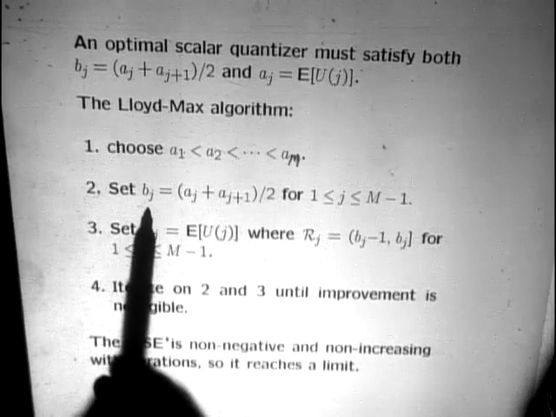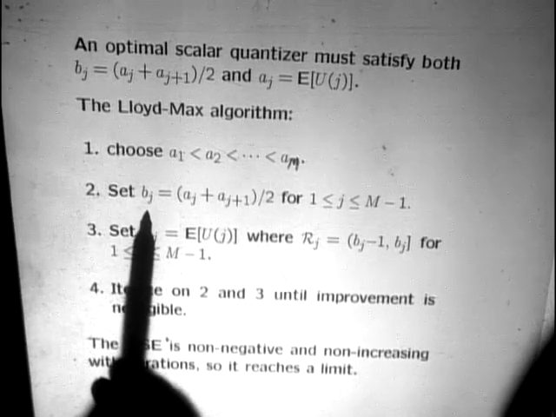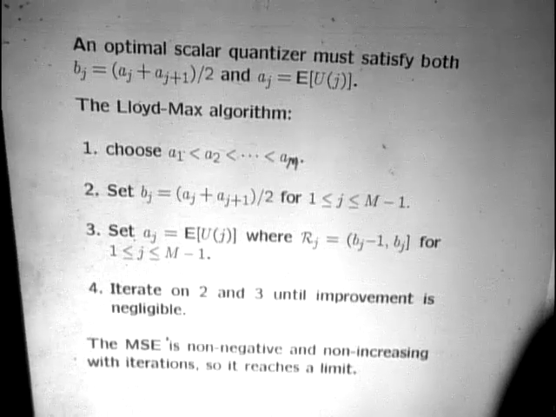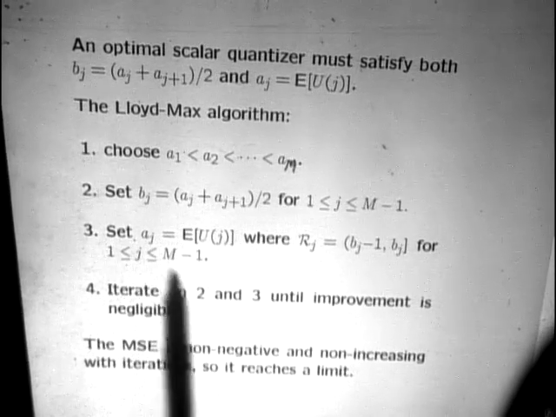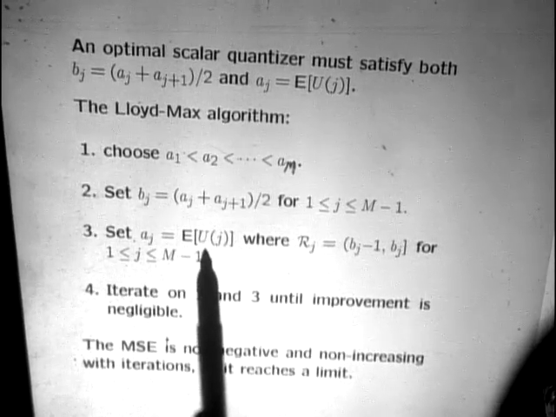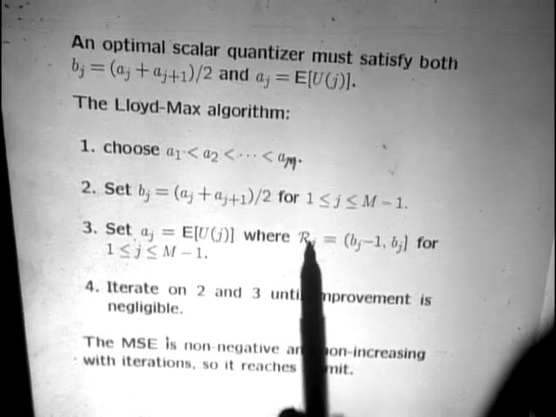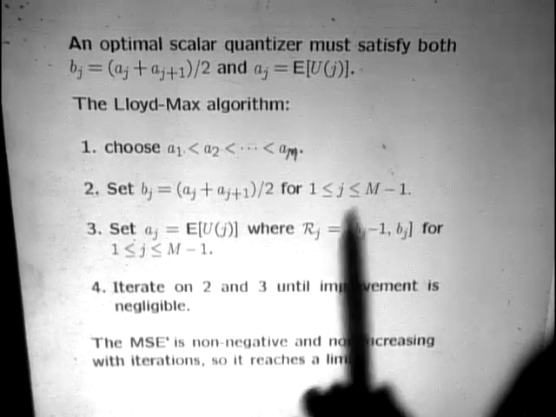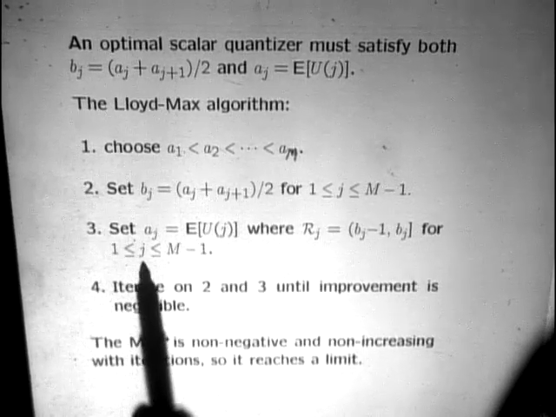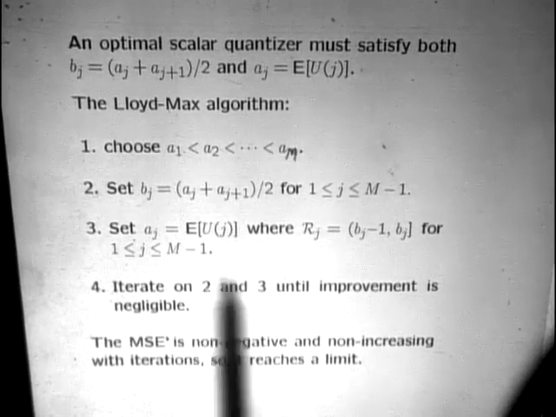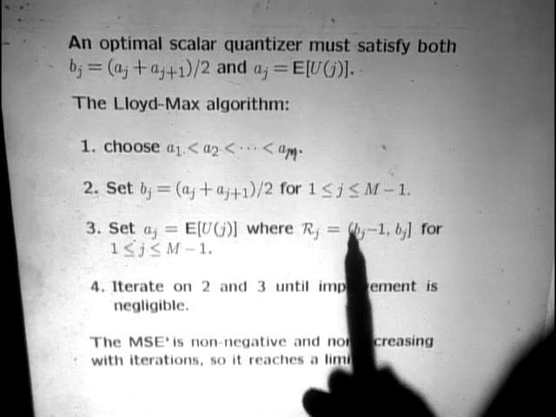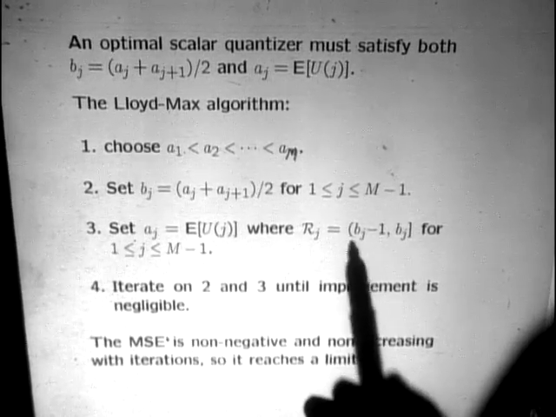Then as soon as I get these midpoints, I have a set of intervals, and my next step is to set a sub j equal to the expected value of this conditional random variable u of j, where R sub j is now this new interval for 1 less than or equal to j less than or equal to m minus 1. This means it's open on the left side.